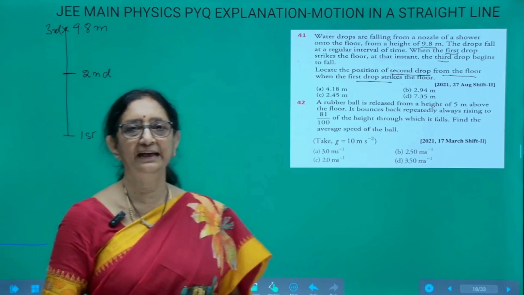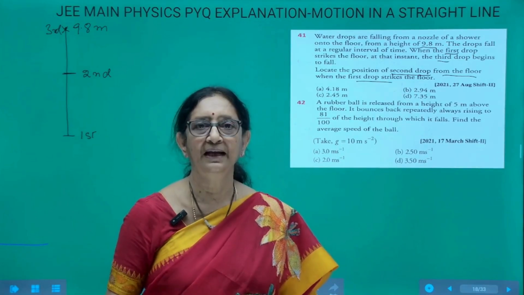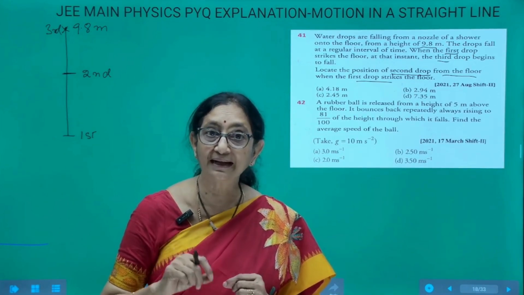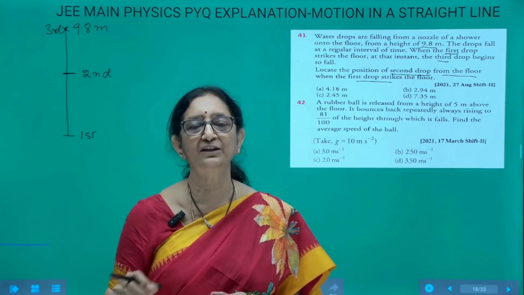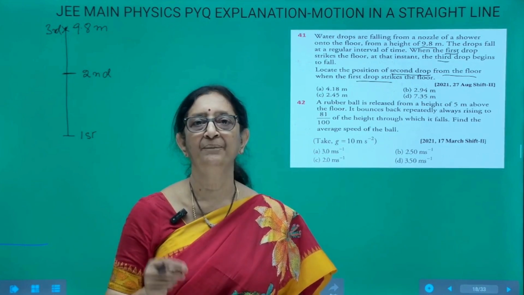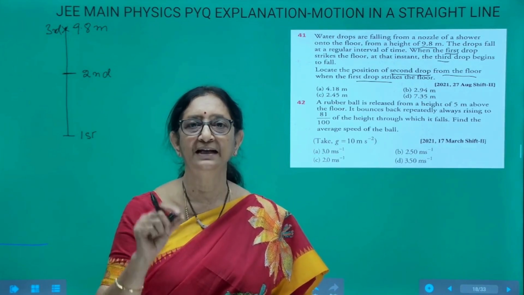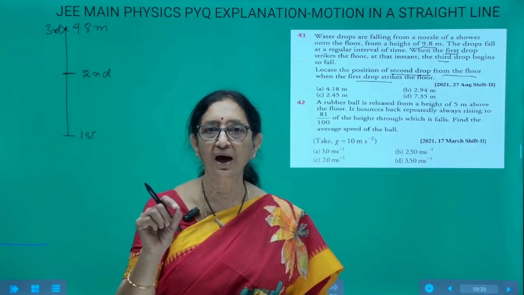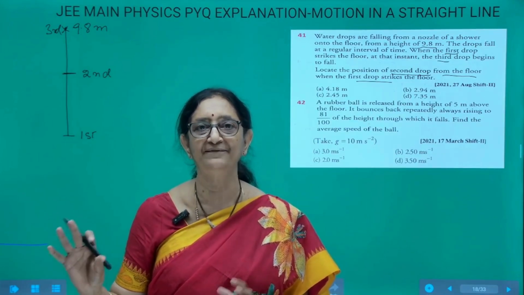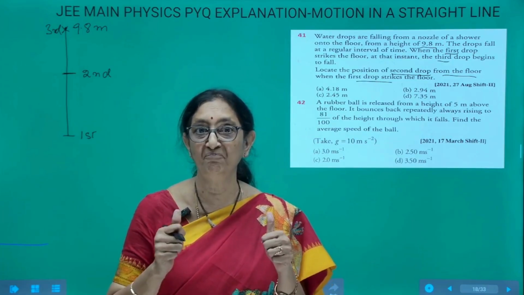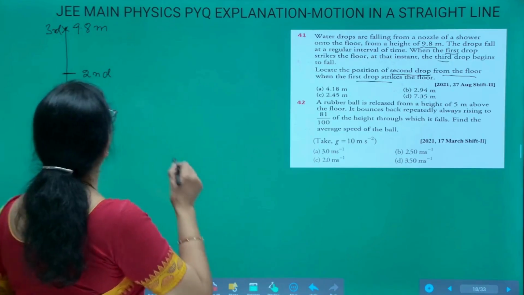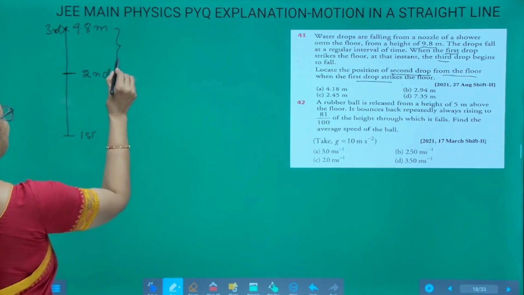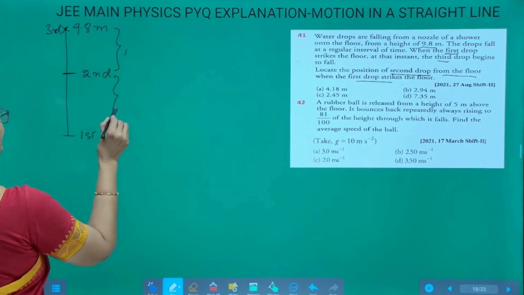In kinematics, for a body starting from rest and moving with uniform acceleration, the ratio of displacements in successive equal time intervals is 1:3:5 and so on. That is the magical concept here. So the ratio of these displacements is 1:3.